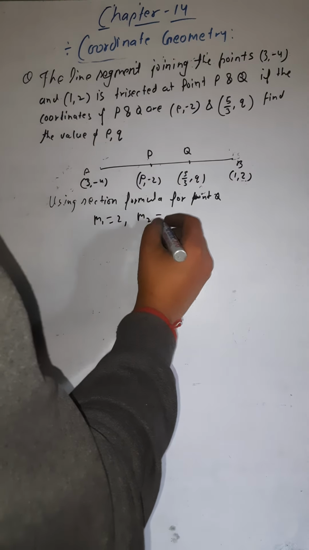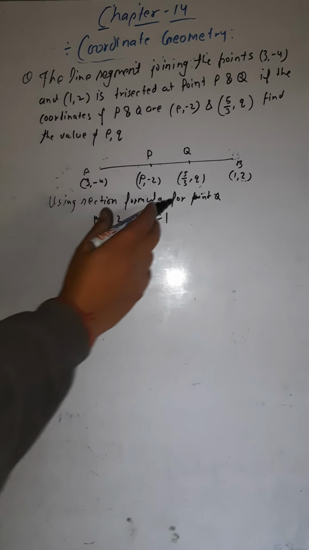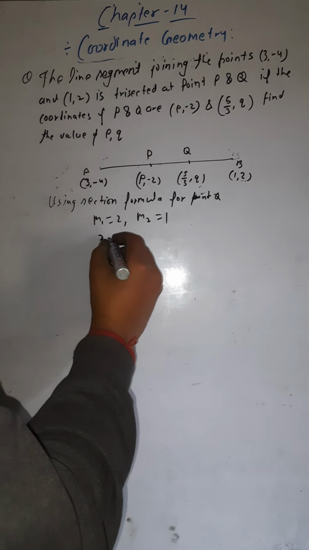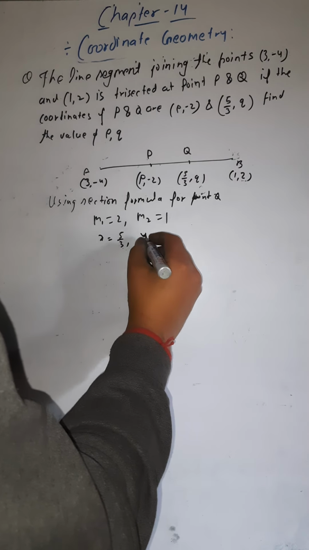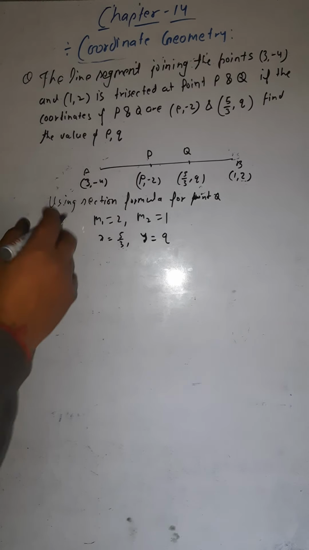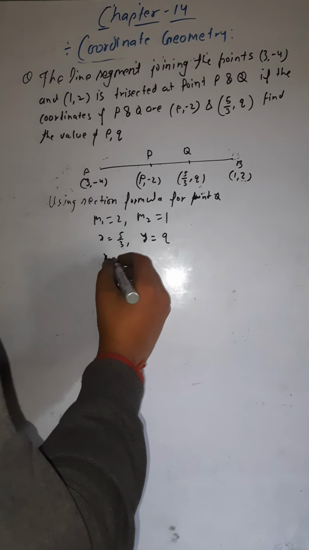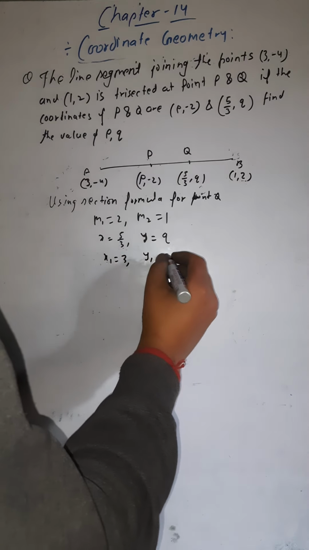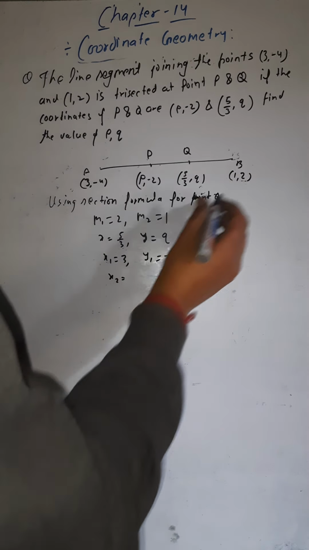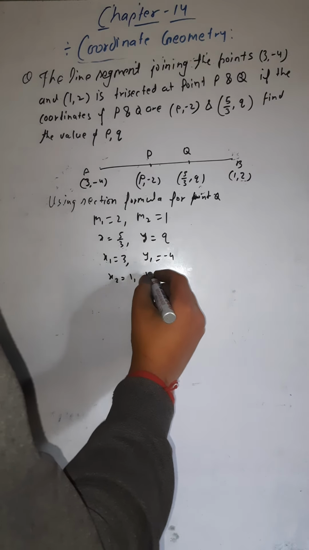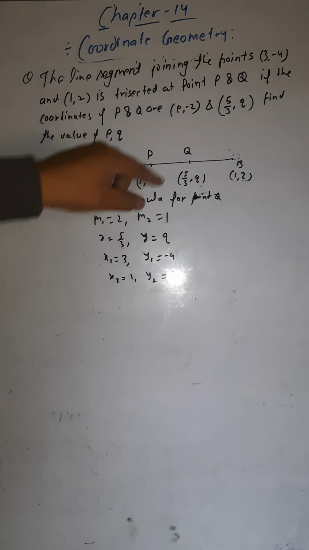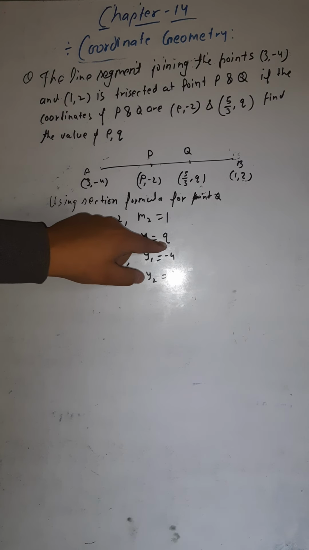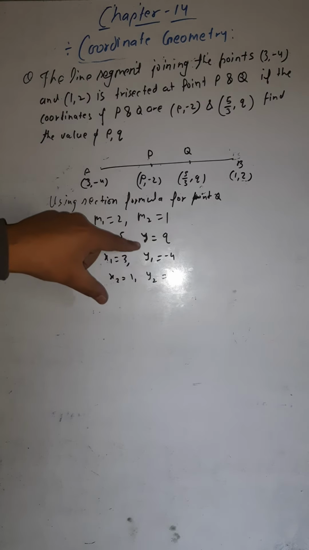The value of X is 5 by 3 and the value of Y is Q. X1, Y1 and X2, Y2 will remain the same: X1 is 3, Y1 is minus 4, X2 is 1 and Y2 is 2. Since the value of X has been given, and you have to find the value of Y, that is Q, we will use the section formula for Y.